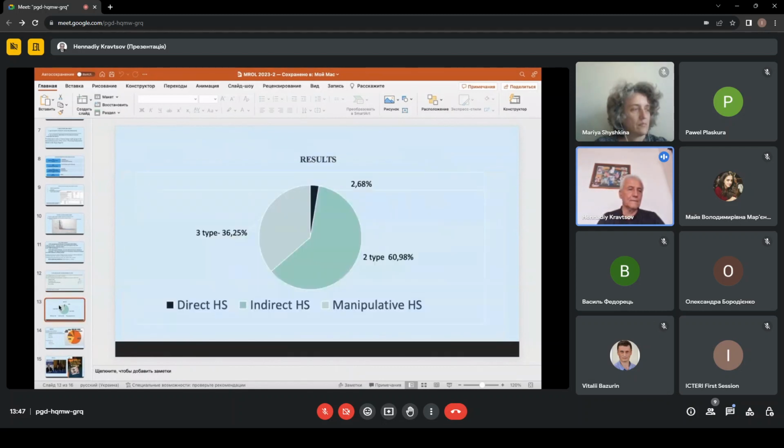And as a result, we see that in most cases, Russian media outlets before the war prefer to use manipulative and indirect hate speech. Maybe we can explain it by the attempt of Russian journalists to create an illusion of compliance with journalistic standards. And this division of hate speech into 3 parts was made as a result of our research.